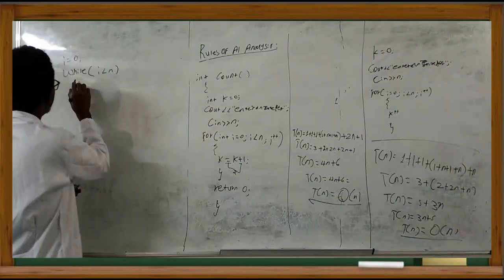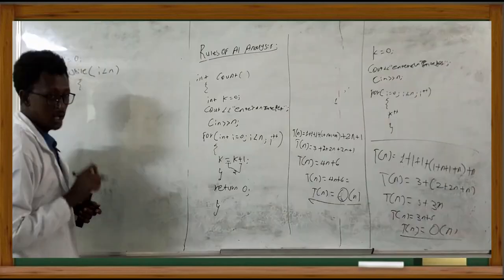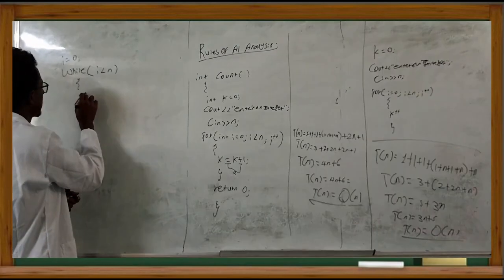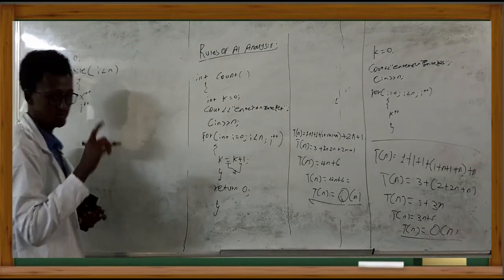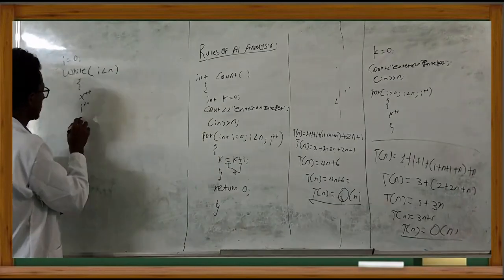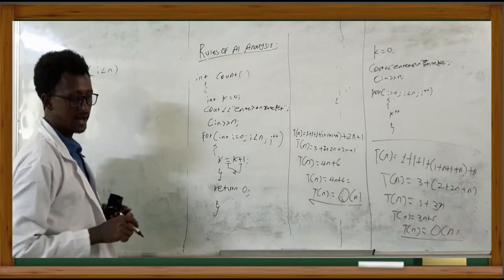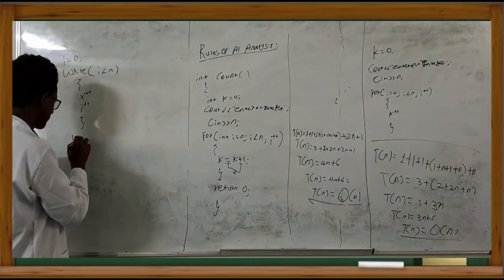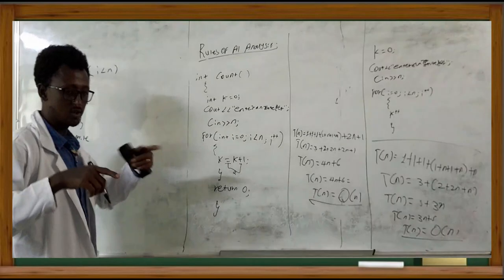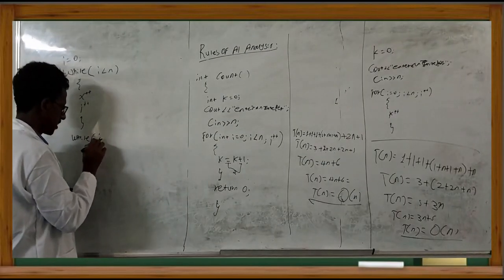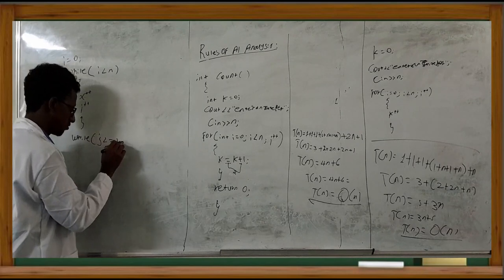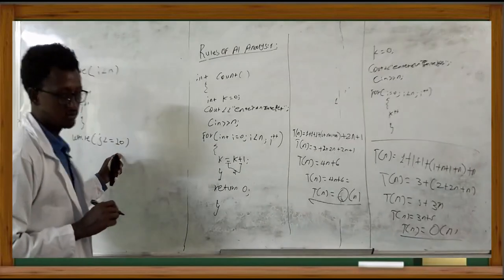Then inside the while loop, x plus plus and i plus plus, x increment and also i increment. Two operations here. Then out of the while loop, another while loop, inside it j less than or equal to 10.